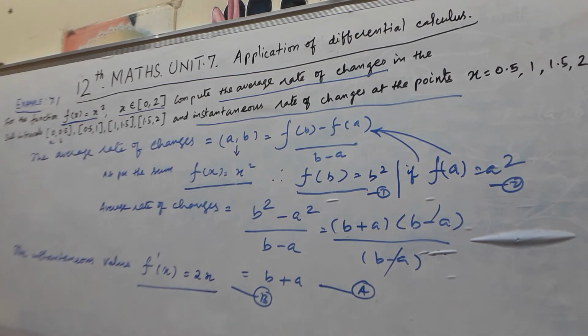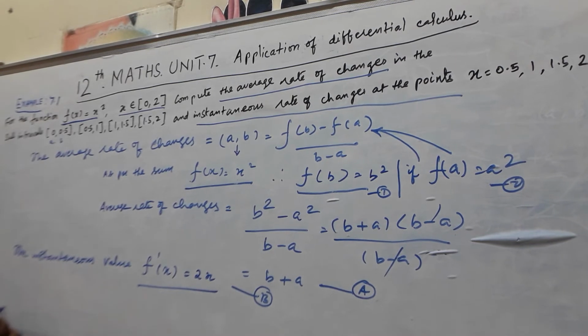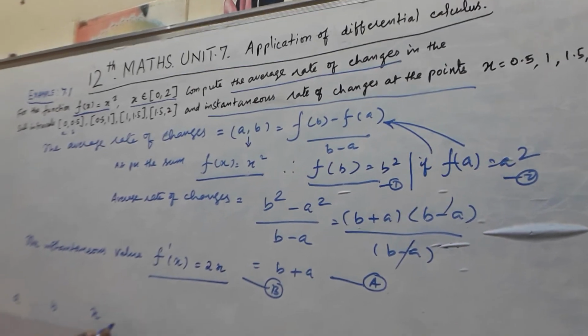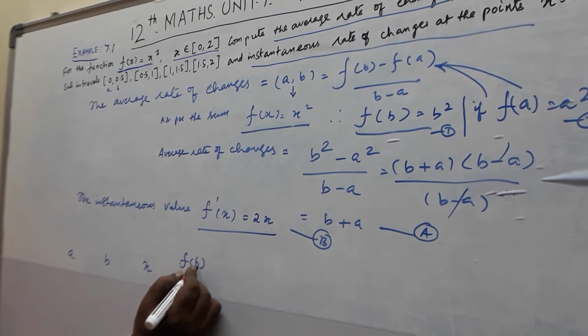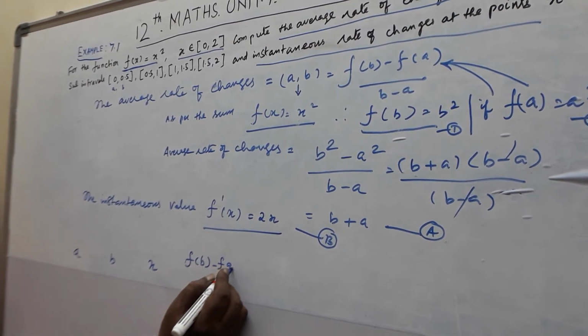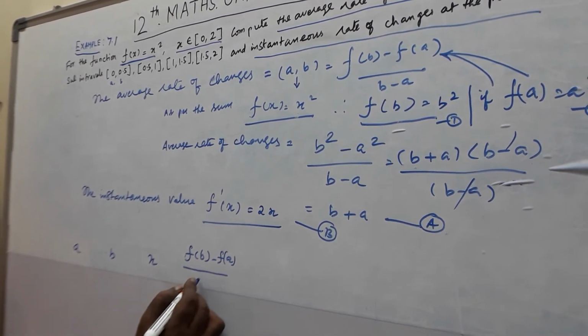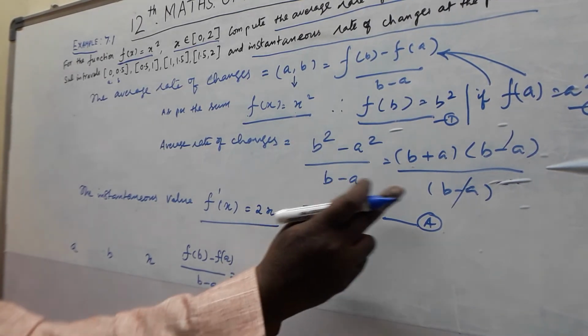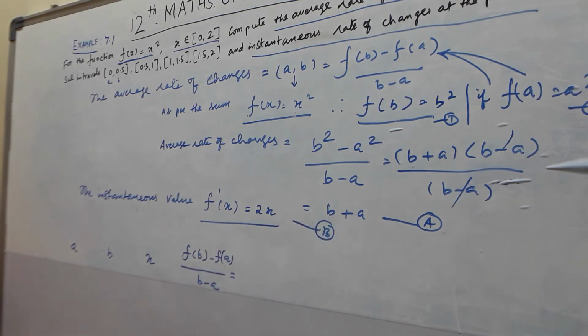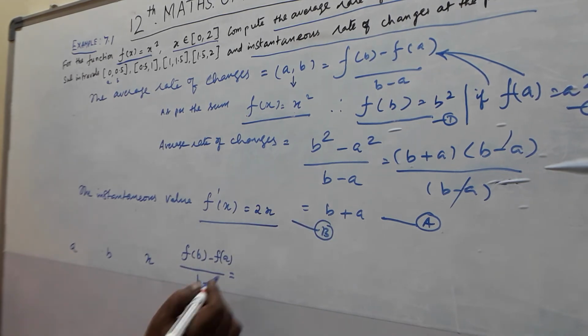Now it is easily calculated with the help of a tabulation. You have to consider a and then b and then x and then f of b minus f of a divided by b minus a, that is equal to, we derived, b plus a.